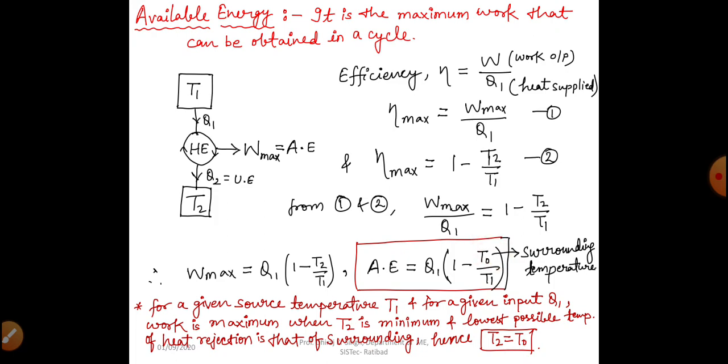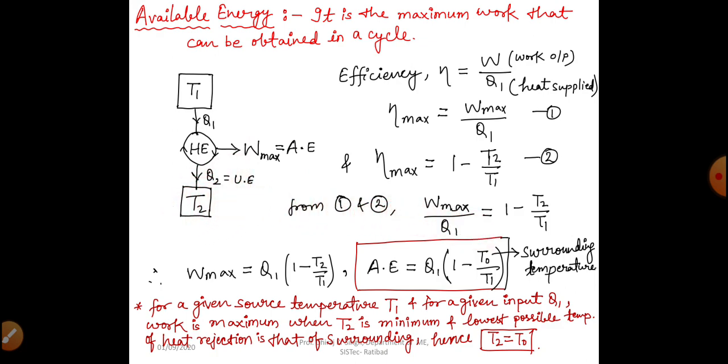So for a given source temperature T1 and a given input Q1, work is maximum when T2 is minimum. And how can we make this T2 minimum?